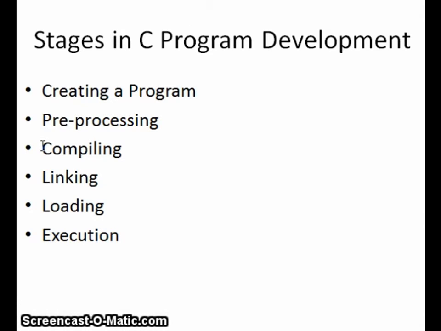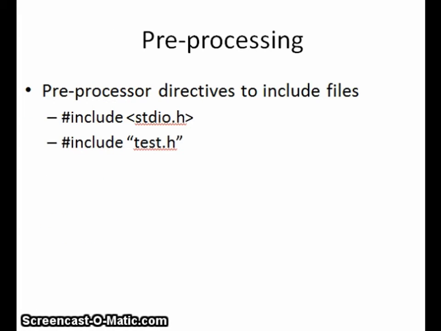What is done in the pre-processing stage? In the pre-processing stage, the compiler includes the files that we have used in our program. As we discussed earlier, library files like stdio.h contain the functions that we use.